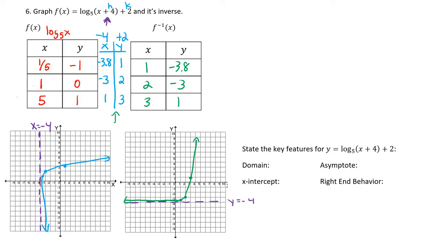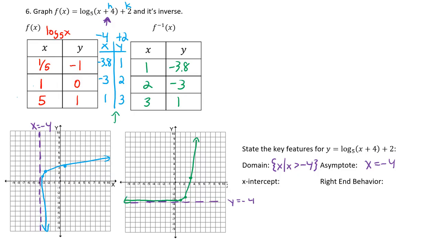Now for the key features. These are the key features for the log graph. So this time our asymptote is at -4, and you can see the graph is to the right of -4. So we're using all the x values that are greater than -4. Our asymptote we know is x equals -4. Don't forget the x equals. Our x-intercept.